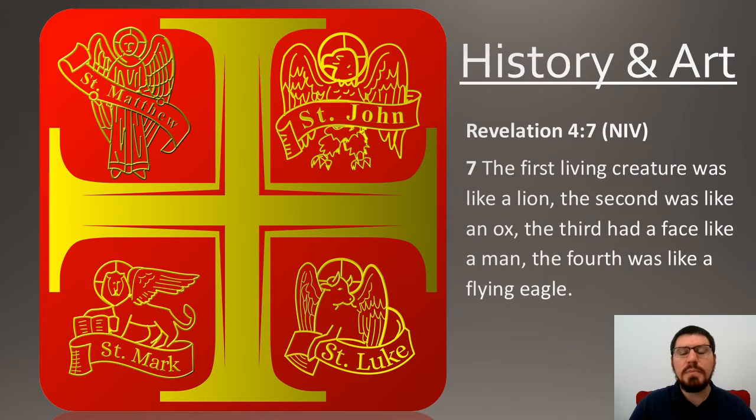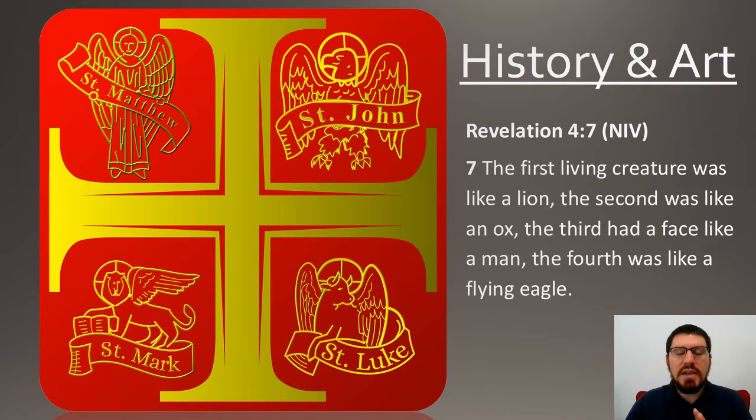Now, historically speaking, and also in the different art forms that you see, you probably see here on this screen these different images, and it's got a man connected with Matthew, and then you've got these animals that are connected with the other Gospels. Well, this comes from several different passages. One of them is Revelation 4, verse 7, and you find out about these living creatures that are around the throne of God.